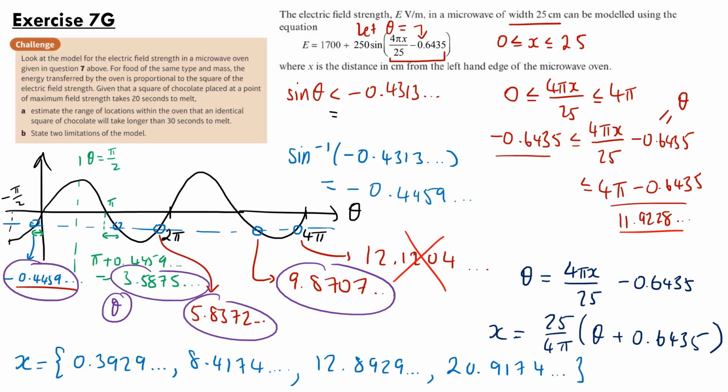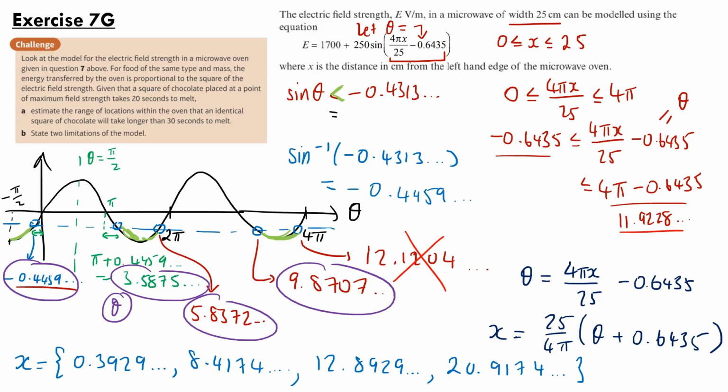Okay, so the last thing we need to do now is to actually solve the inequality we were looking at earlier. So sine of theta is less than minus 0.4313 at all of the points I am highlighting now in light green. So from there to there and from here to here as well. And then if we match them to the solutions in x, well, this region over here goes past the interval.